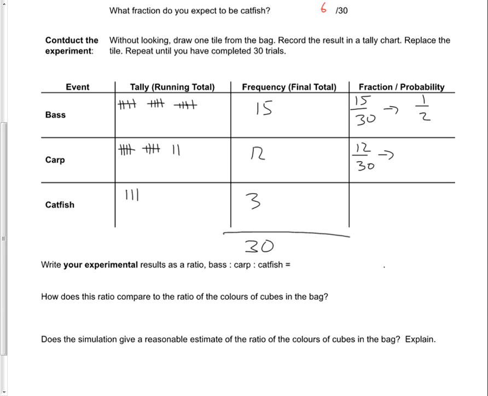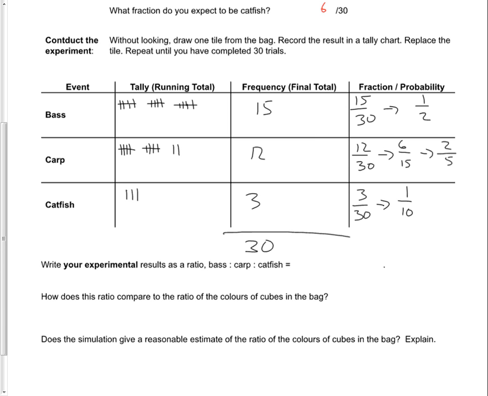I can divide both by 2 to get 6 over 15, and then divide both by 3, leaving me with 2 over 5. Finally, I got 3 catfish, so 3 out of 30. I can divide both by 3, and that leaves me with 1 out of 10.